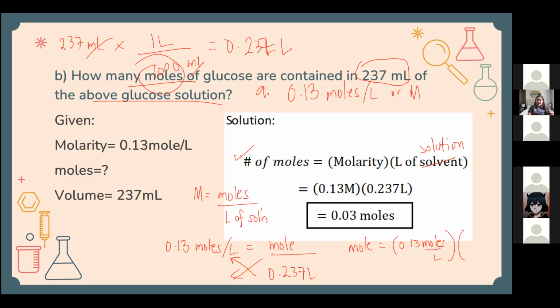Paano? Na-cancel. So 0.237 liters. So you can see there na na-cancel ang liter, kaya ang maiiwan na unit ay moles. So, 2 decimal places. So, yes, this is correct, 0.03 moles.